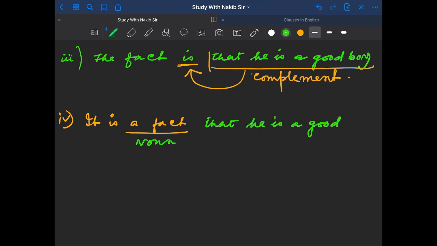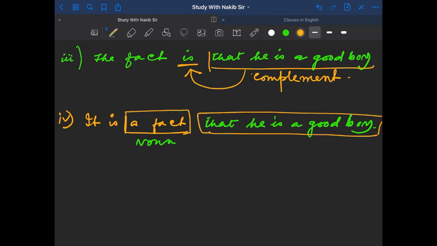The same clause is being used in different environments with different sense. That he is a good boy is the fact. So fact is the noun, and this one is also a noun clause explaining the noun before it. This is the antecedent, fact.